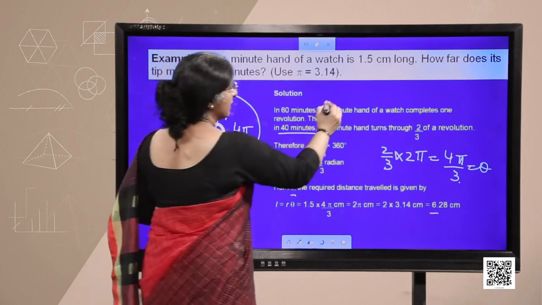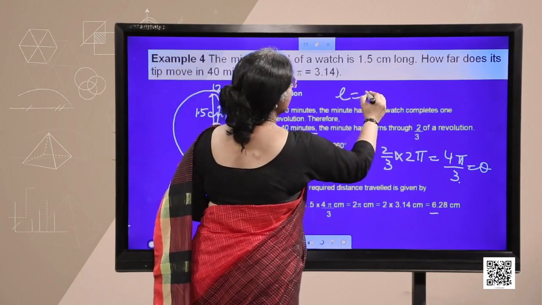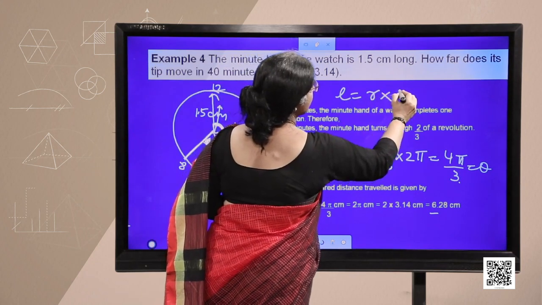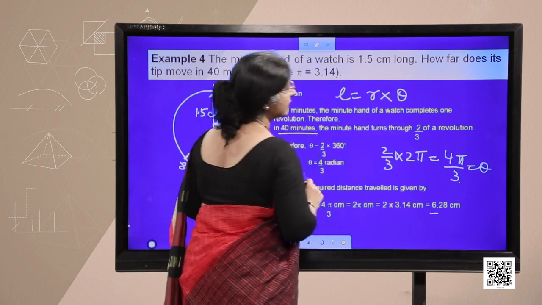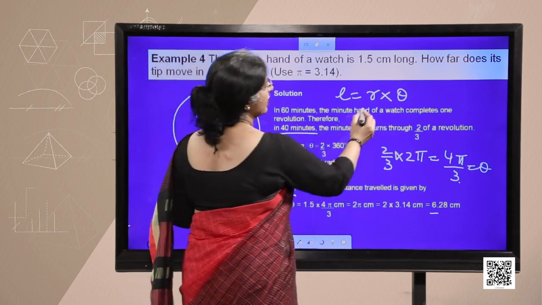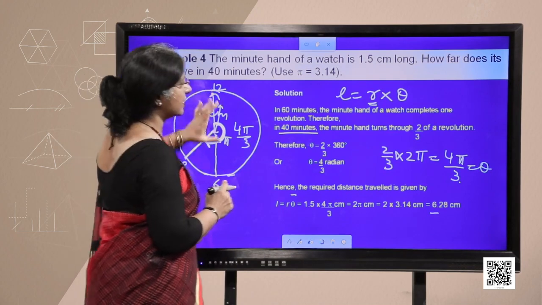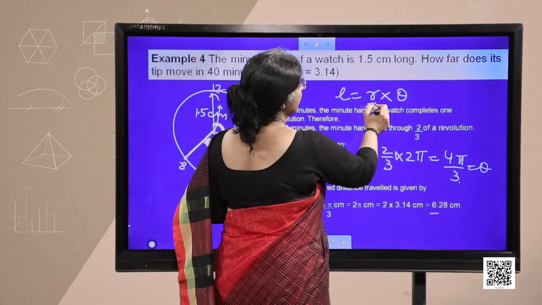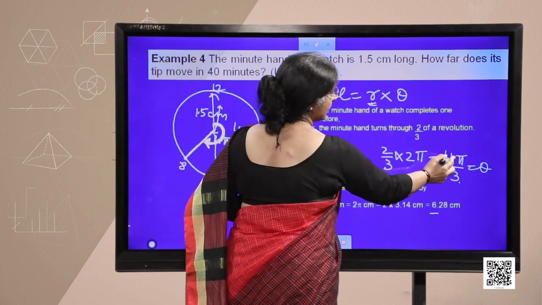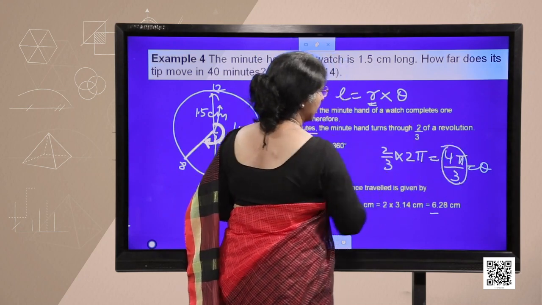Applying this formula, arc length is equal to radius into theta, the angle subtended at the center. What we know here? Radius, because the minute hand is taken as the radius of the circle, which is 1.5, and theta we have just converted into radians, that is 4 pi by 3.